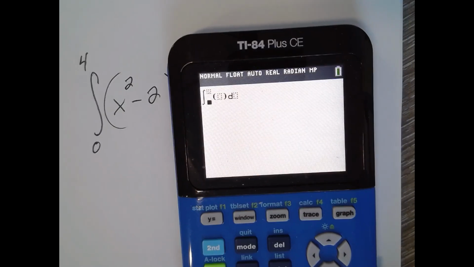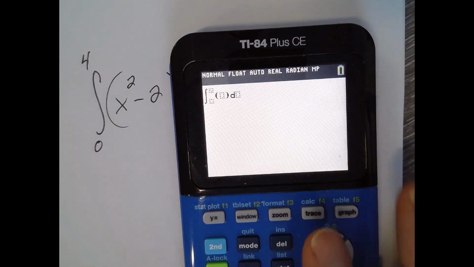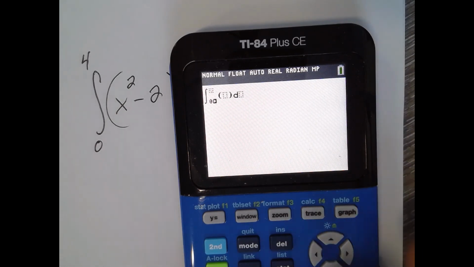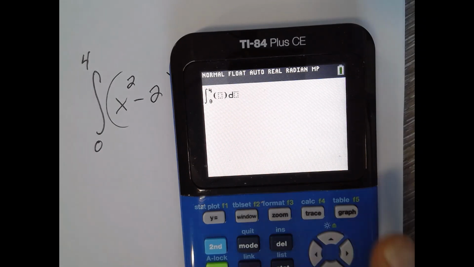I hit enter and it creates our integral. Now if you had an older calculator, it won't be in this syntax. Let me know if you're getting a bunch of parentheses, and I can help you with that too. Okay, so we're going from 0 to 4, and it's x squared minus 2, and it's always dx.